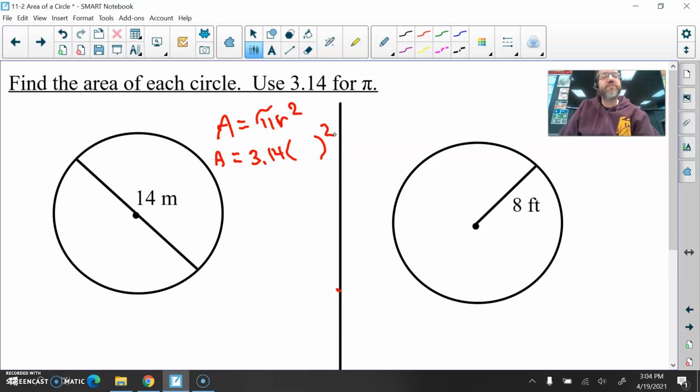What is the radius of this circle? Well, I have a 14-meter measurement here. Is this the radius? Well, this is showing a segment passing all the way through the circle. So this is not the radius. Remember, the radius would be the distance just from the center of the circle out to the outside of the circle. This measurement here is the diameter.